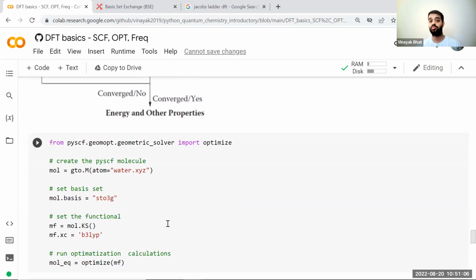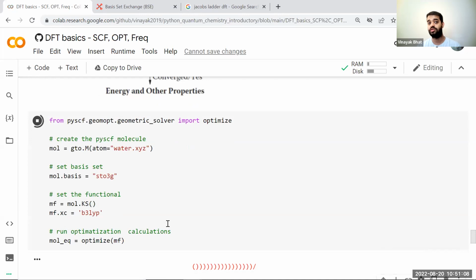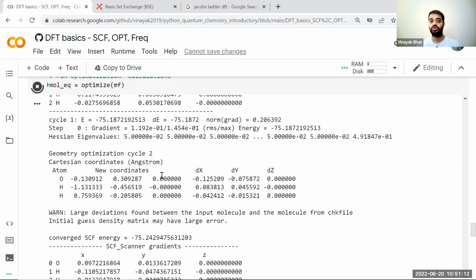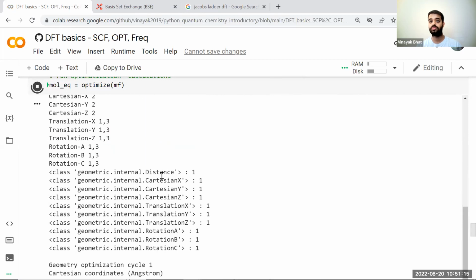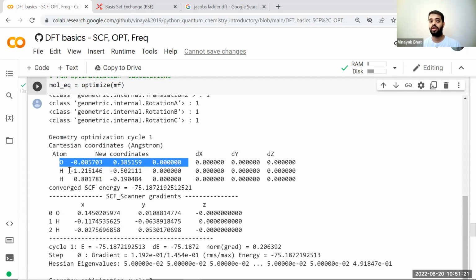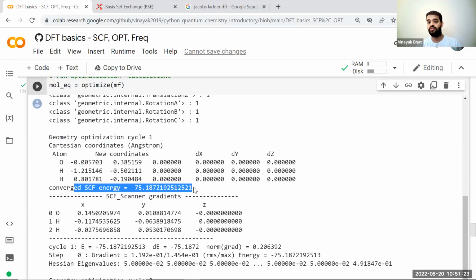So in this case, let me just run it for the water molecule that we had, and I'll show you what it looks like. So let's start with the output over here. You started cycle 1, and these were the initial coordinates that you had. Then you get the converged SCF because you ran the inner loop where you generate the electron density and find the energy.